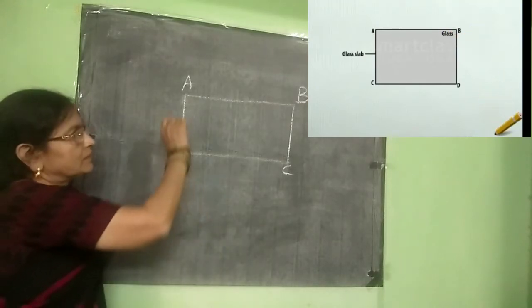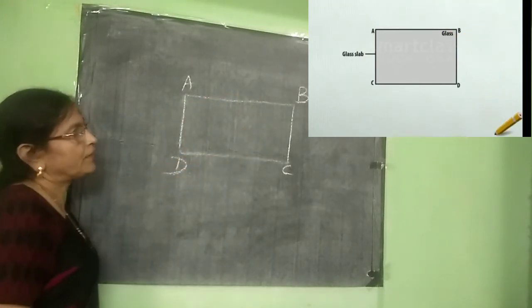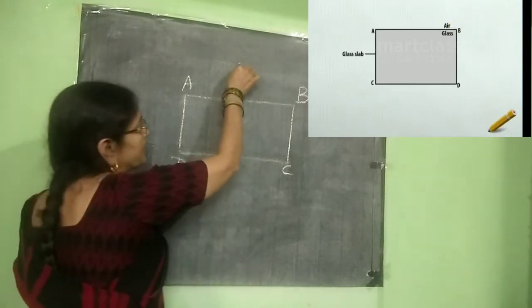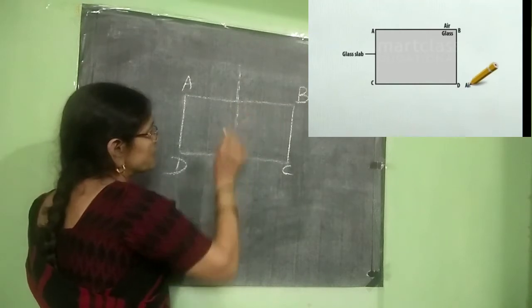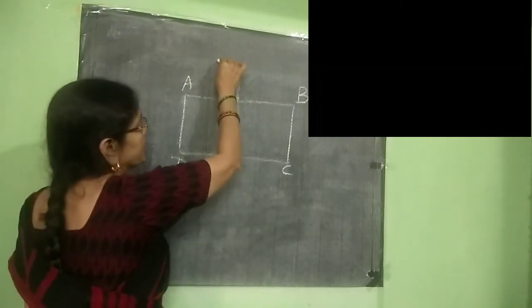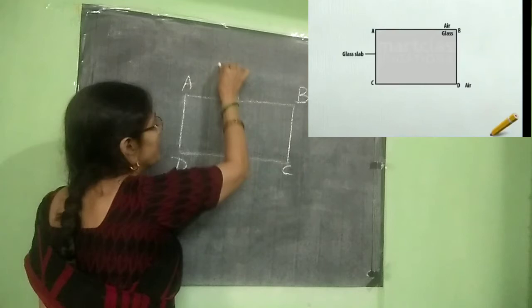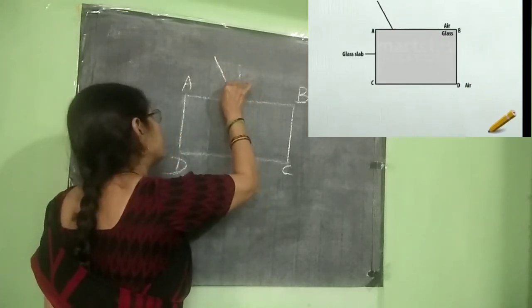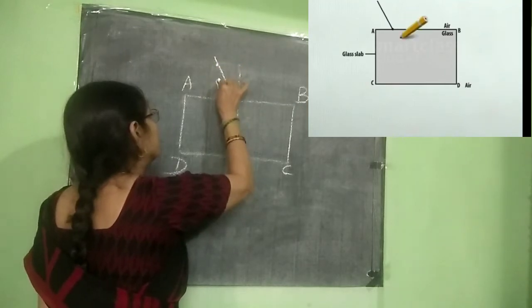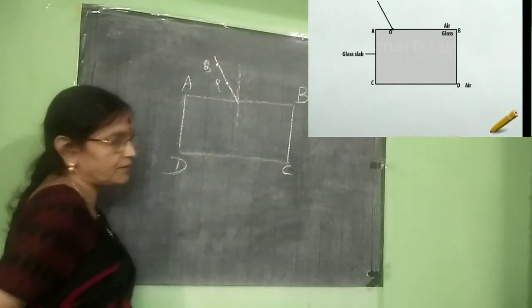Now mark the names as A, B, C, D. Now draw a perpendicular to one of the surfaces, measure an angle of 30 degrees from this normal, draw a line and place two pins on that, named P and Q.